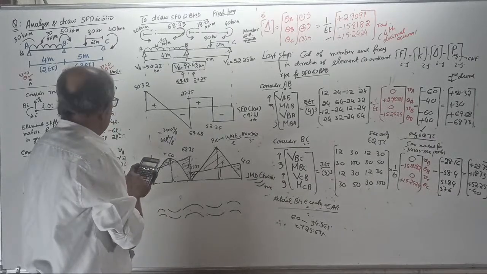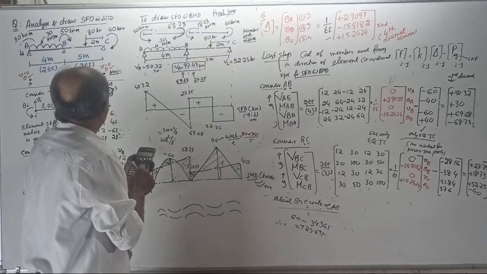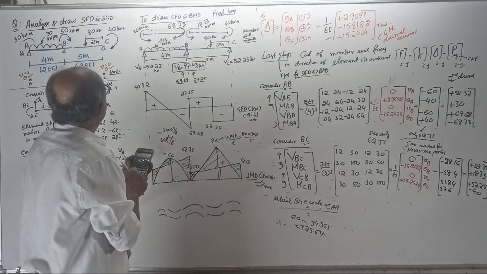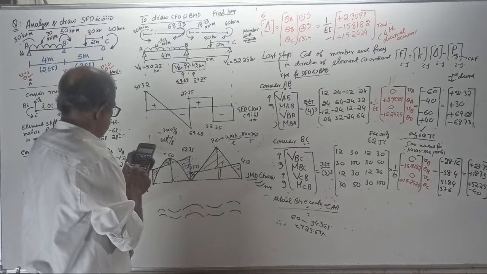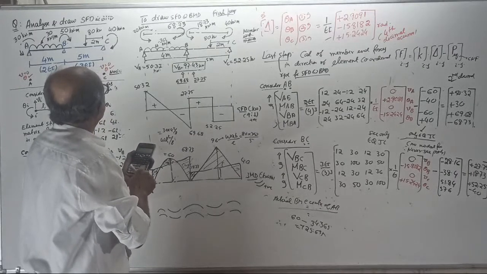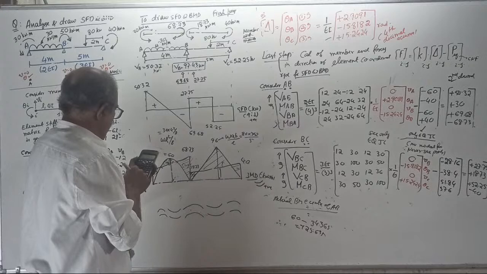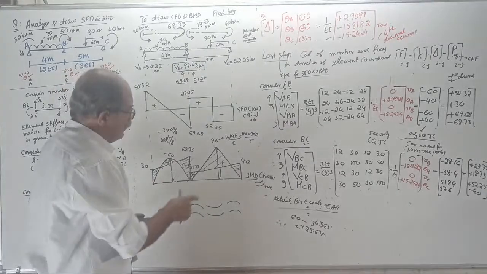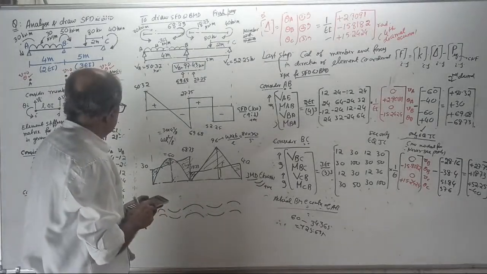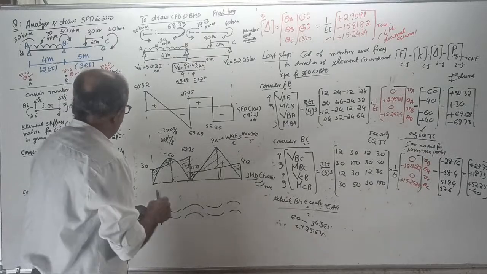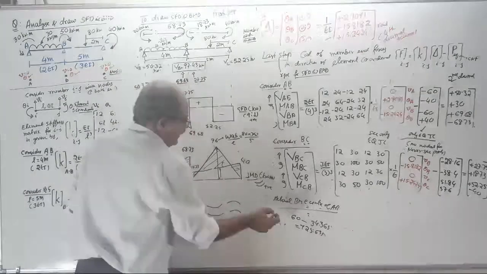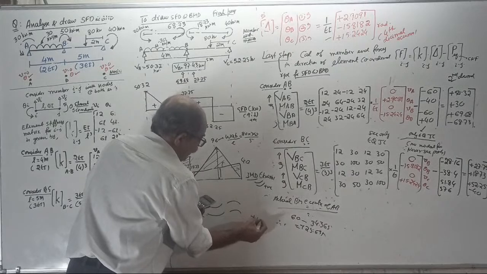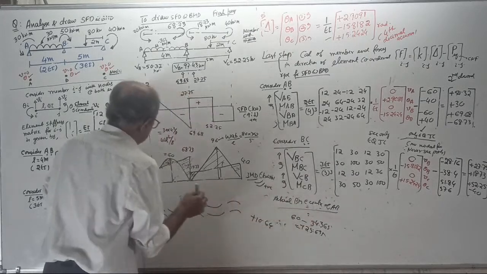Minus 30 plus 50.32 into 2 minus 30 into 2 into 1 is 10.64. How much did I get there? Again some mistake. Oh, calculation mistake. See, 60. I got how much? Plus 10.64. Okay, I got it.